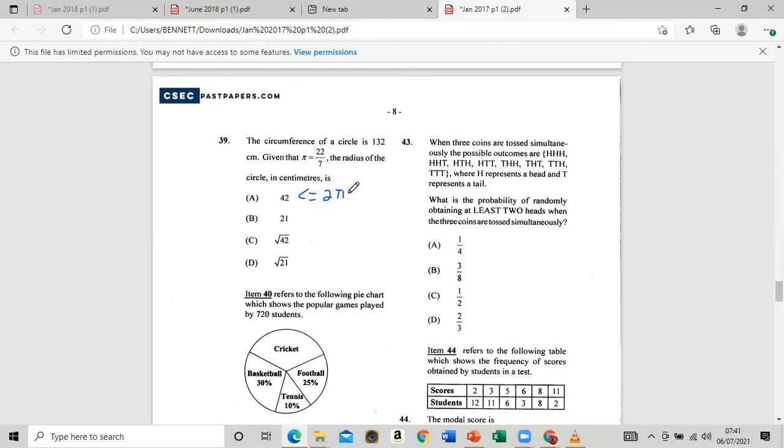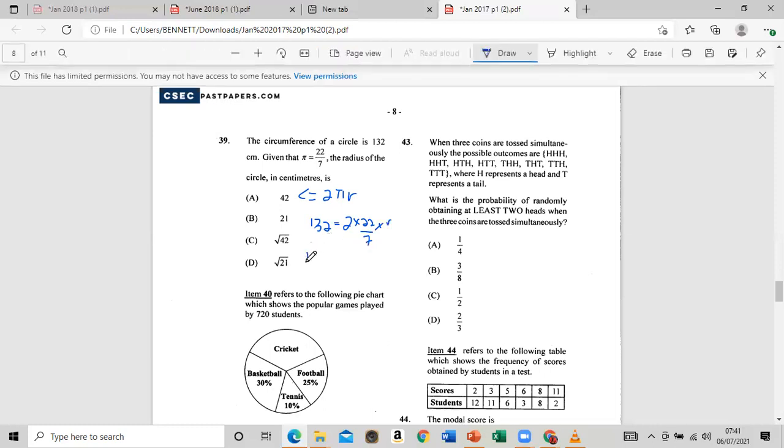So we know that this is 132 equal to 2 times 22/7 times r. We don't know what r is. So if we transpose, it is 132 times 7 upon 2 times 22. This can be a little bit tricky, guys.